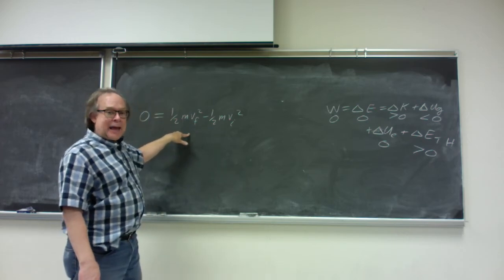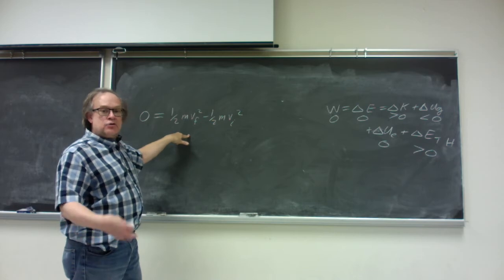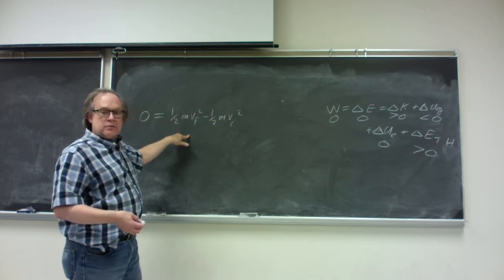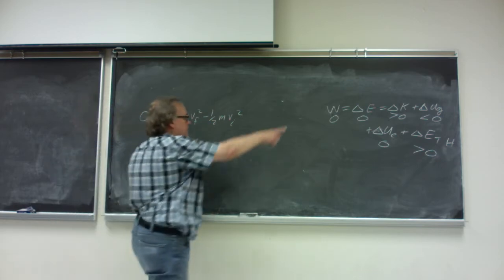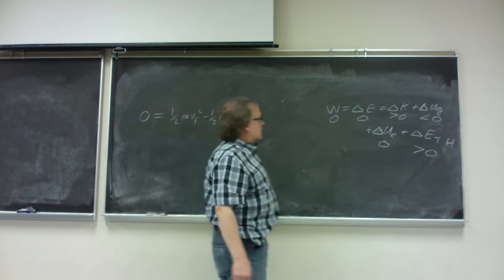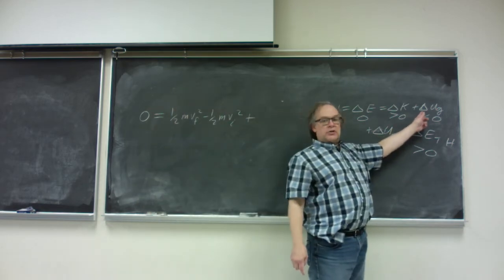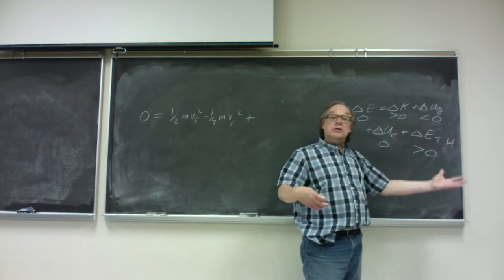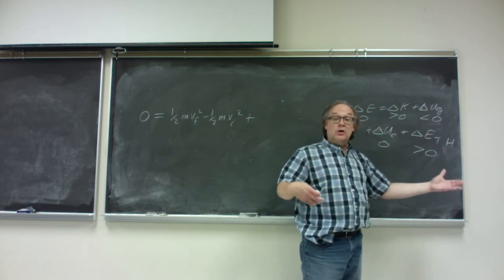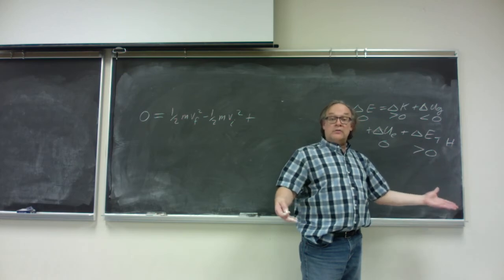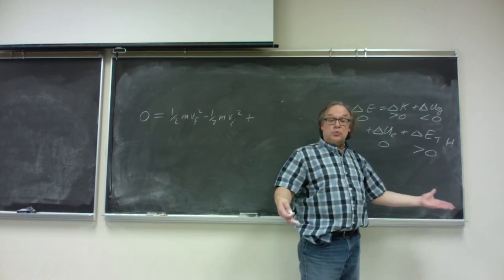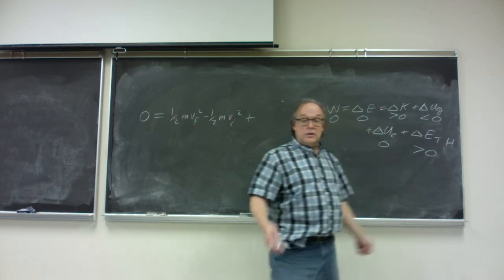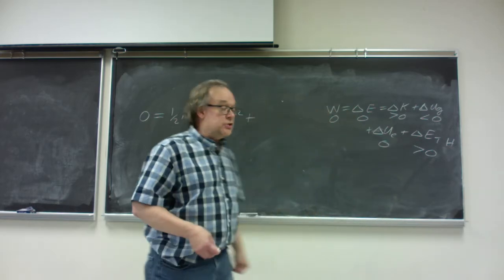Write out what K is in terms of mass and velocity. And then same thing here. Change in gravitational potential energy, don't just write it as final minus initial gravitational potential energy. Write out what gravitational potential energy is. Write it out in detail in terms of masses and g's and elevations.